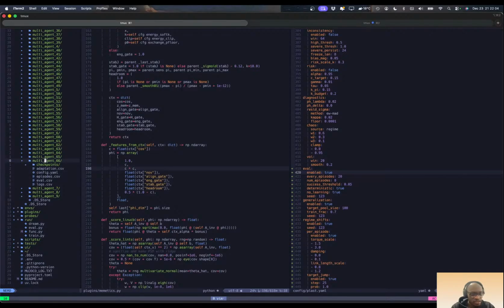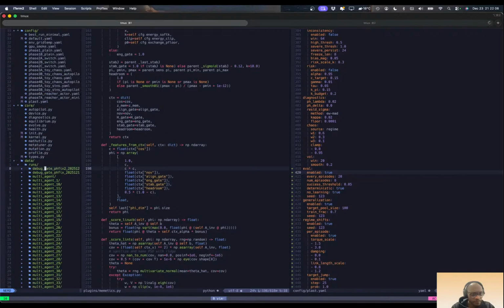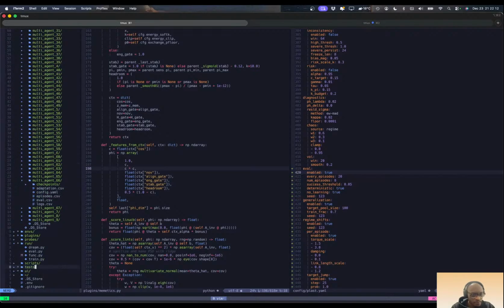There should be a 67 somewhere. Yep, there you are. So 67 is the latest run, and we have episodes, and then we have evaluation, then logs. Logs is just everything, and then adaptation.